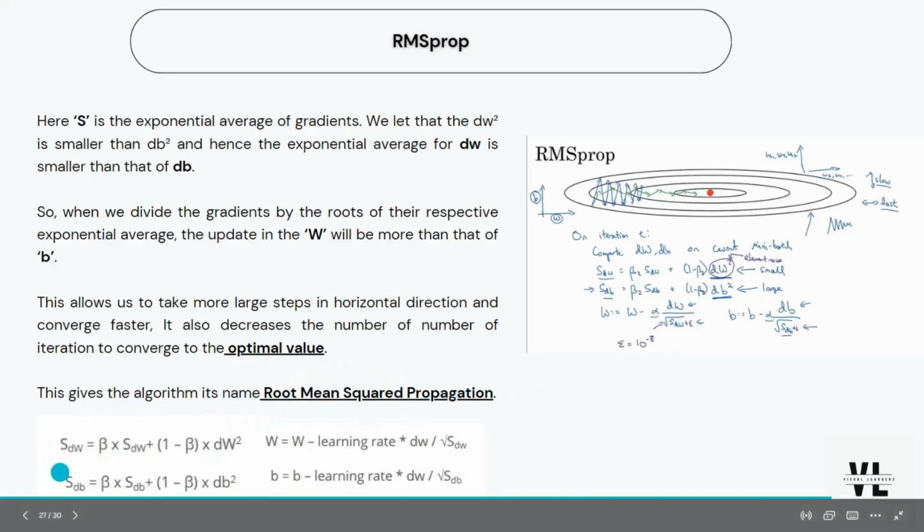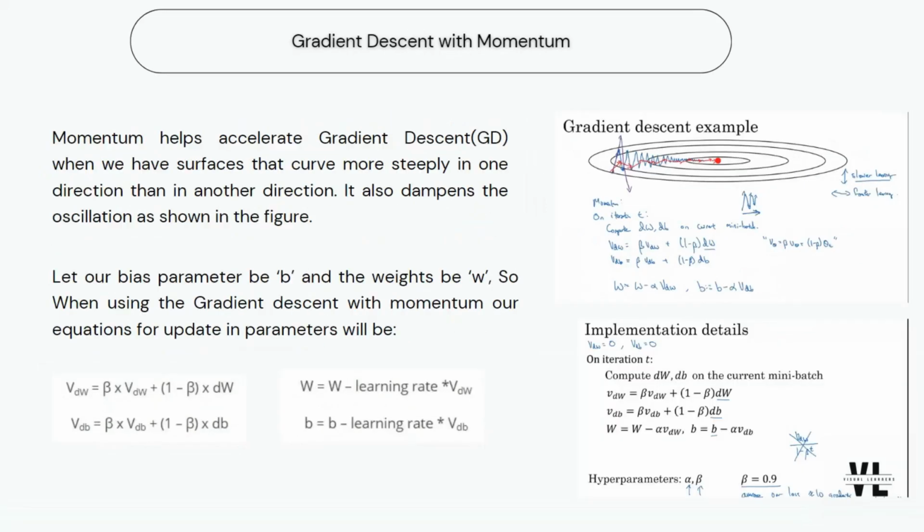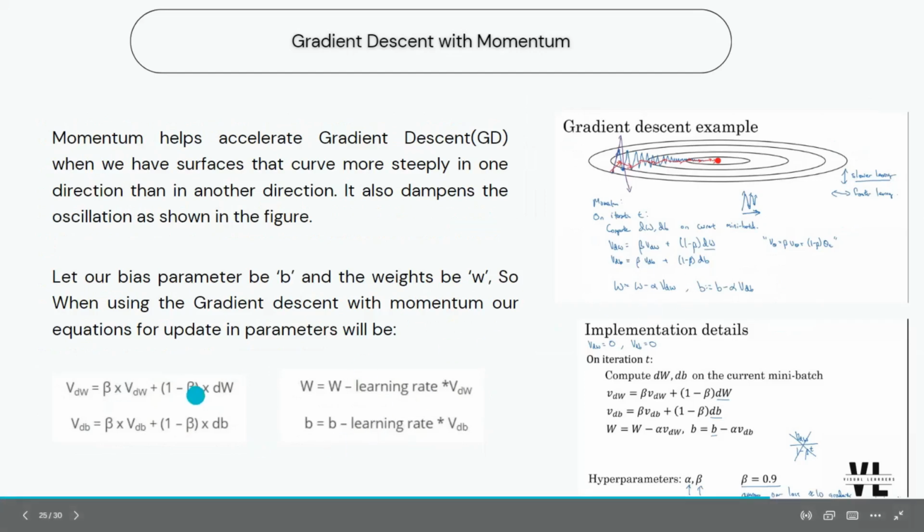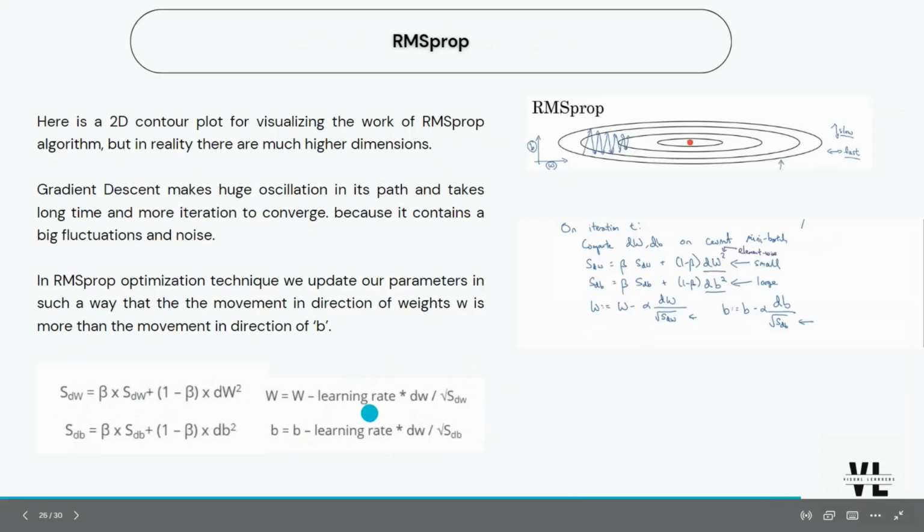So SDW and SDB are computed by using the exponentially weighted moving average, but the DW and DB here are squared because we want the DW to be much smaller and the DB to be much larger. But for the previous case of gradient descent with momentum, we can see that the DW and DB are not squared, and we're using the terms VDW and VDB directly in order to adjust the parameters.